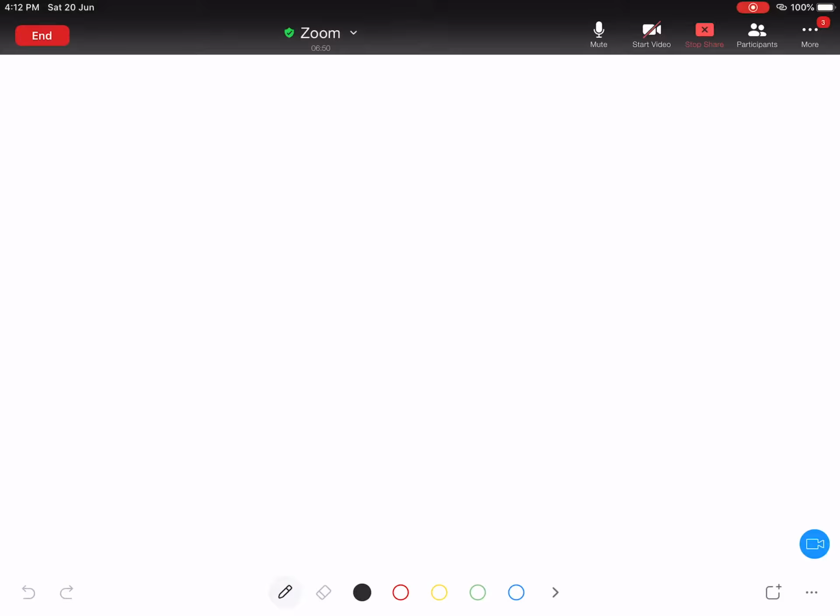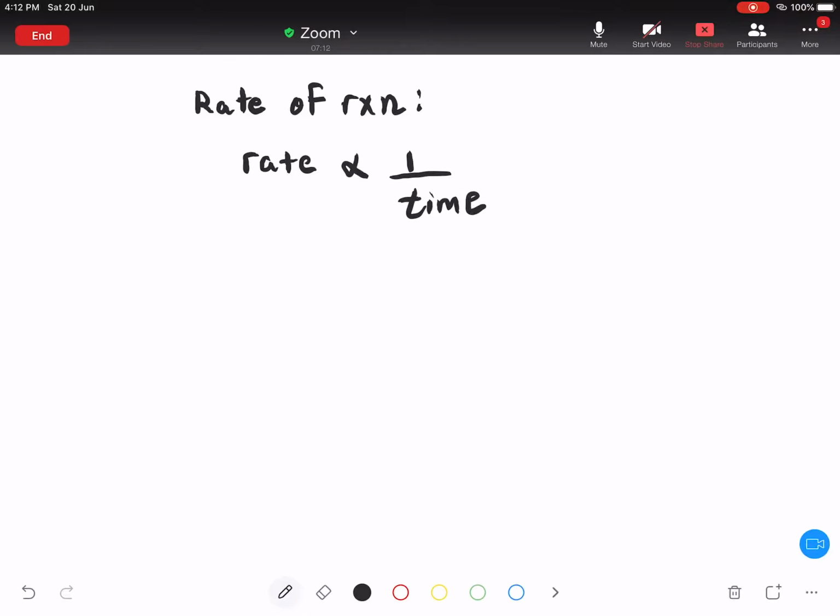We are still in the same topic, which is the rate of reaction. So far we have learned what we mean by rate. We have come to the conclusion that rate is proportional to 1 over time taken.